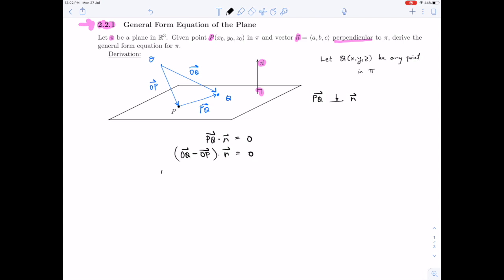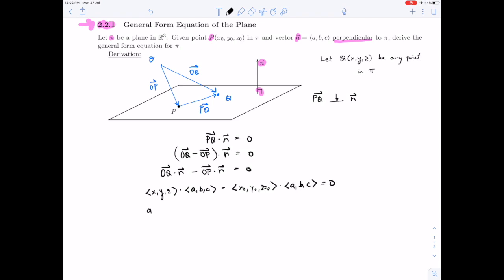Using the distributive property of the dot product, we can distribute that. So OQ dot n minus OP dot n gives us 0. OQ is the position vector (x, y, z). n is the vector (a, b, c). Minus (x0, y0, z0), dotted with, again, (a, b, c). That has to give me 0.